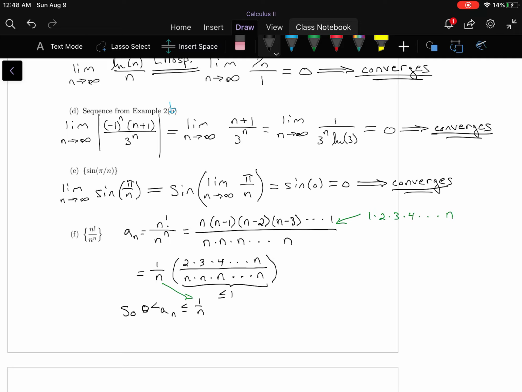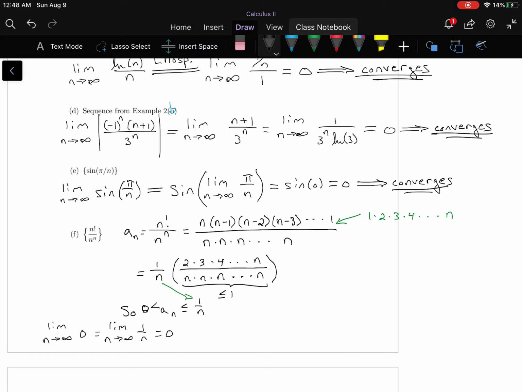And so what's useful about this is that I realize that the limit as n to infinity of 0 equals the limit as n to infinity of 1 over n. Both of these limits are 0.